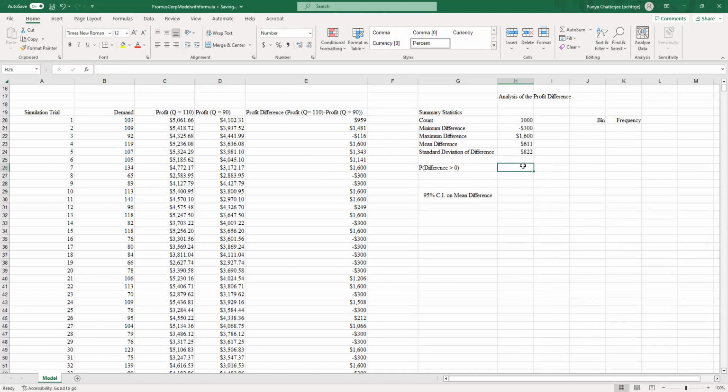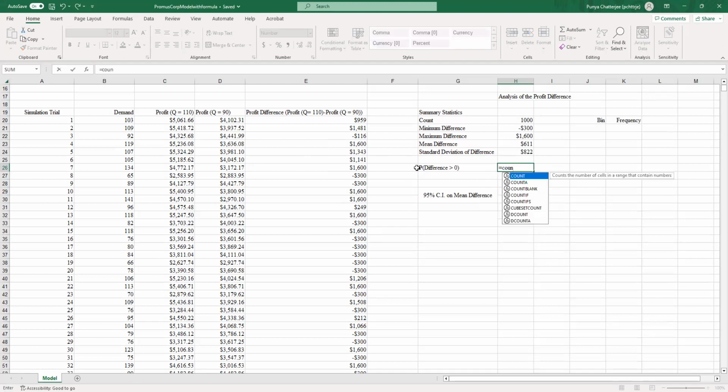And finally, I want to calculate the probability that this difference is greater than 0, right? Which also means this is the probability that replenishing 110 units would be better than replenishing 90 units. So for the probability, I'm going to use COUNTIF, and then you're counting if this cell right here is greater than 0 or not, right?